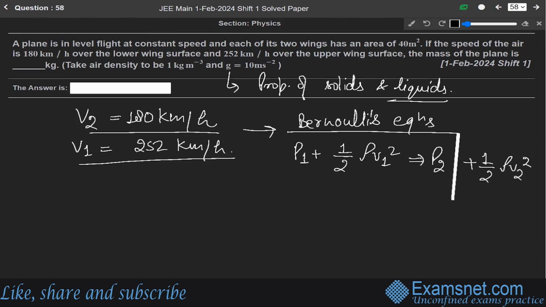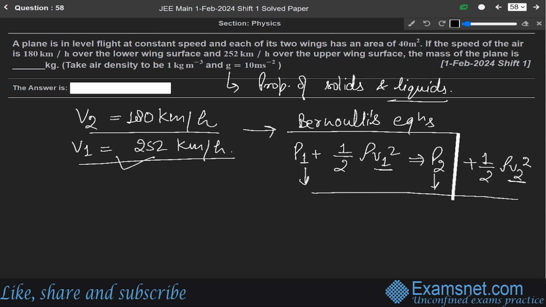Since V1 is greater than V2, V1 is greater means this pressure P1 is lower, and V2 is less means pressure P2 is greater. Now, using Bernoulli's theorem, we write P1 plus half rho V1 square equals to P2 plus half rho V2 square.